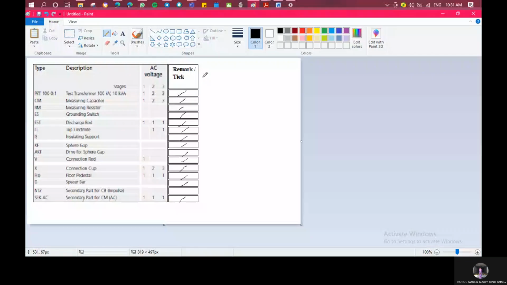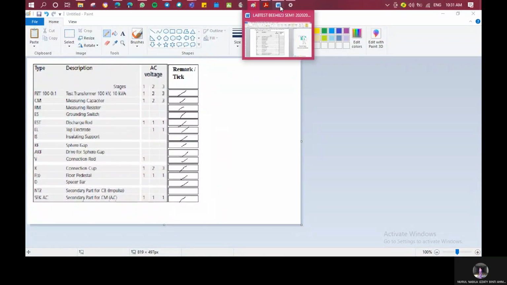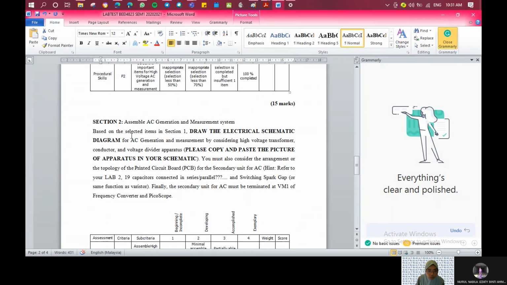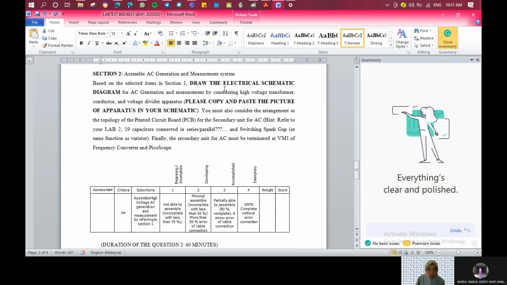For the next question, which is section 2, assemble an AC generation and measurement system.